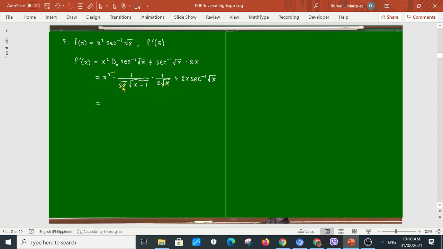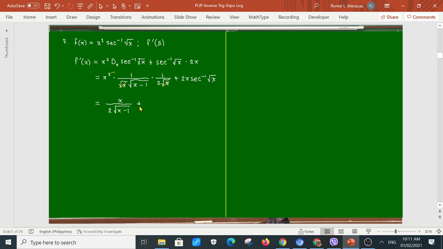Did you get that, guys? Square root of x is x. So, x squared over x is x. So, that we have x over 2 square root of x minus 1.